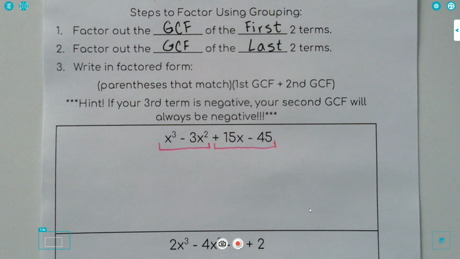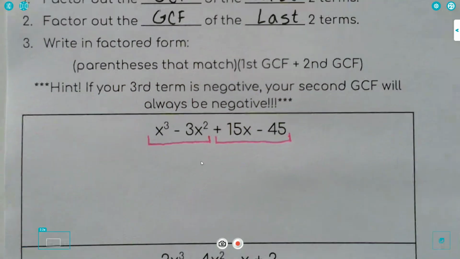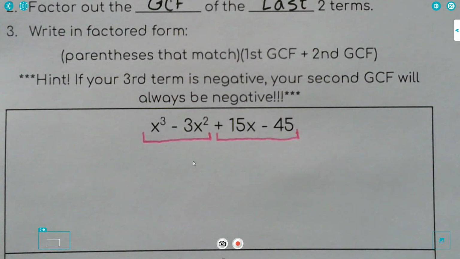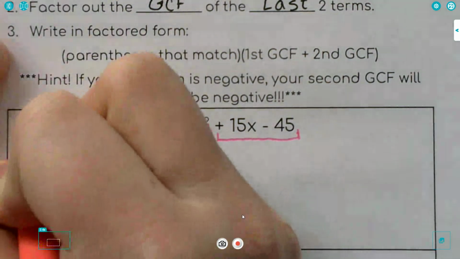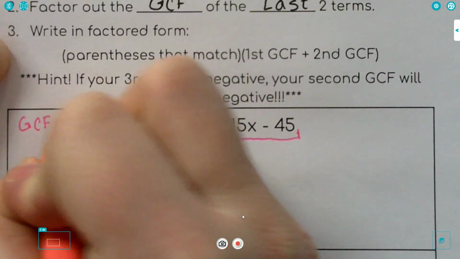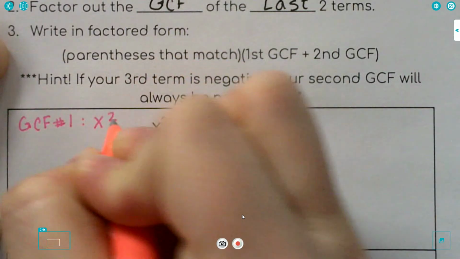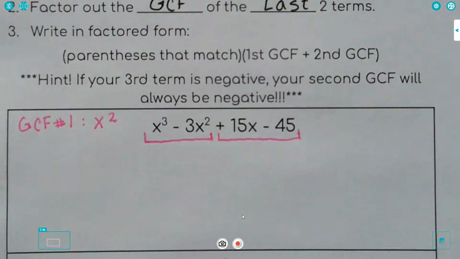Out of x cubed minus 3x squared, are there any numbers that I can divide both of those by? 1, but that doesn't do me any good. Can I pull out any x's? Yeah. How many? 2, or x squared. So right over to the side, I'm going to write that my GCF number 1 is x squared. So I'm just making a note of that.